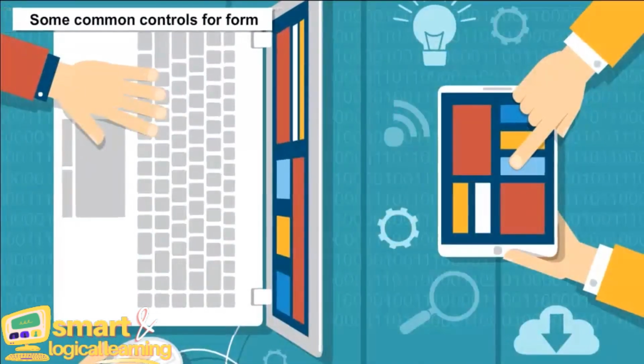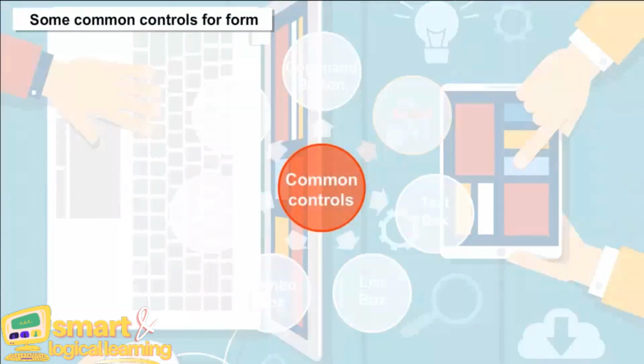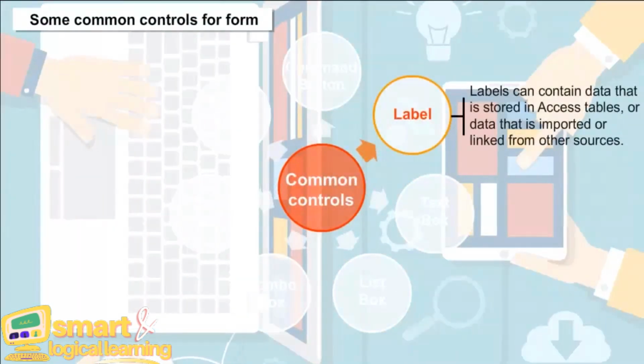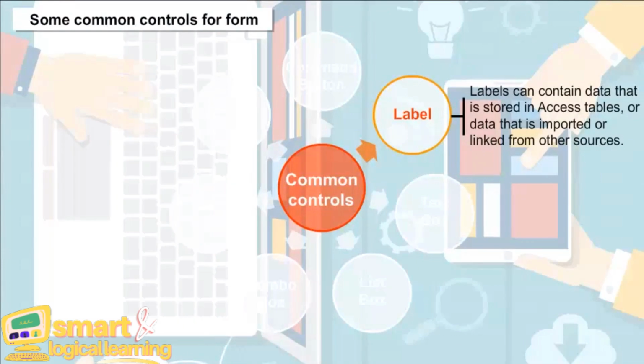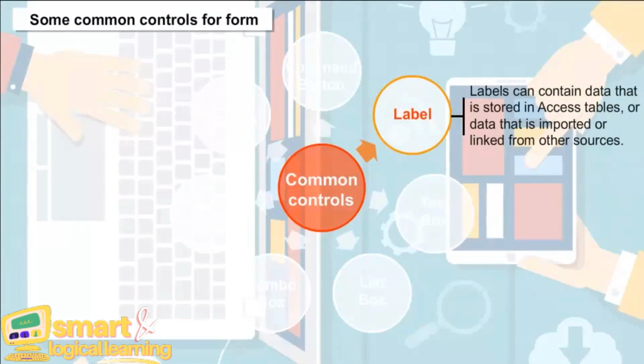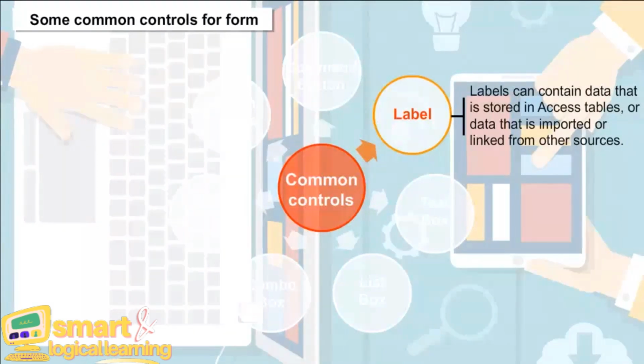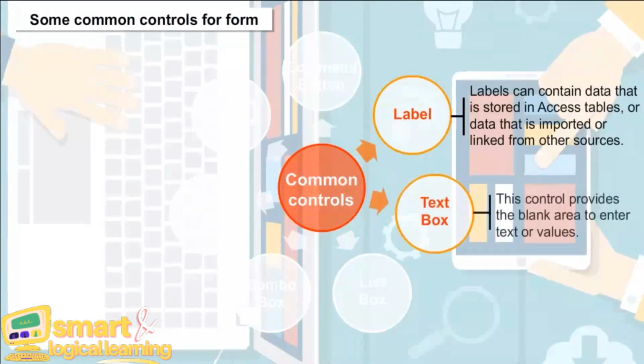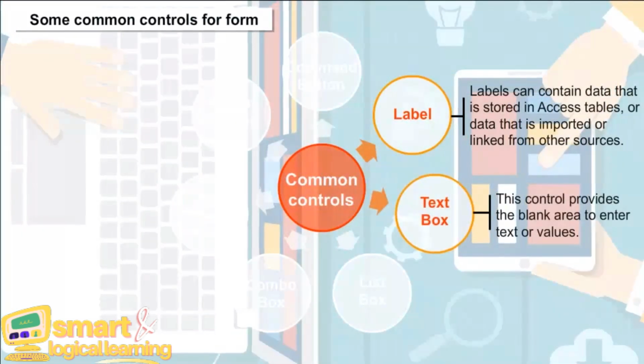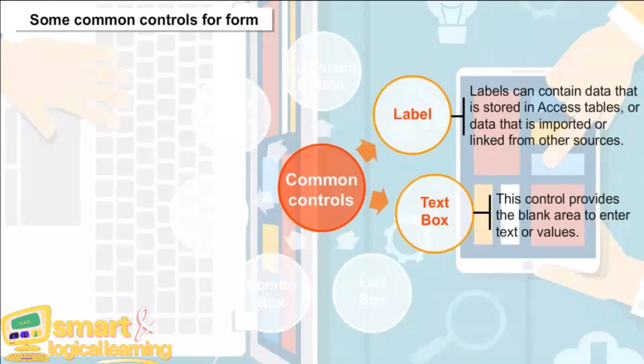Some common controls for a form. Label: labels can contain data that is stored in Access tables or data that is imported or linked from other sources. Text box: this control provides a blank area to enter text or values.